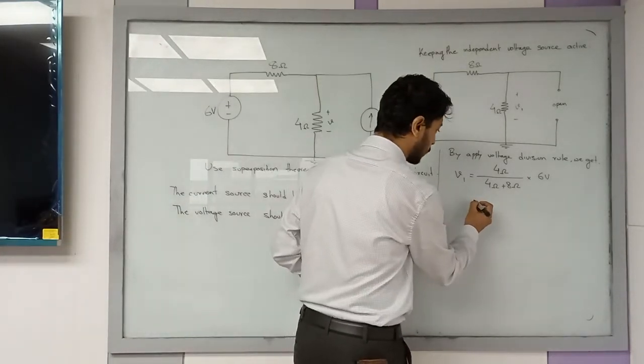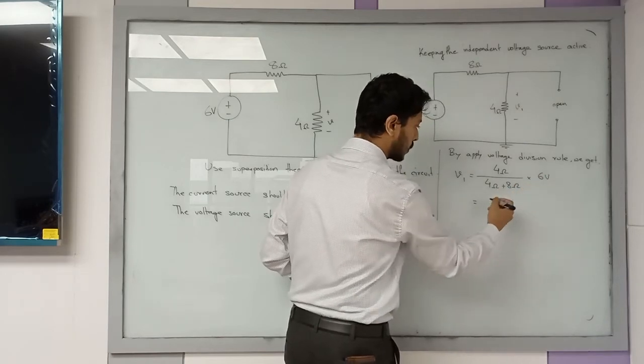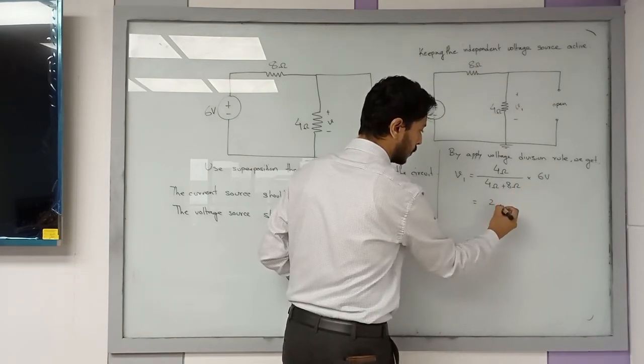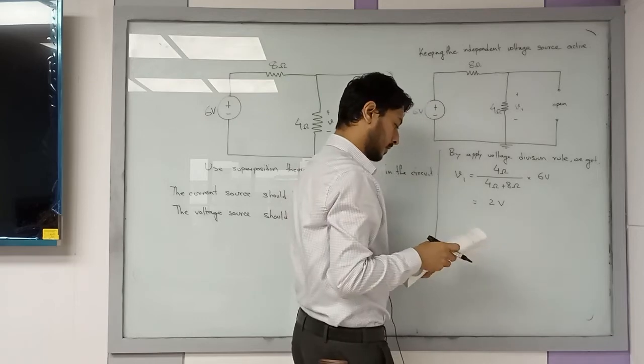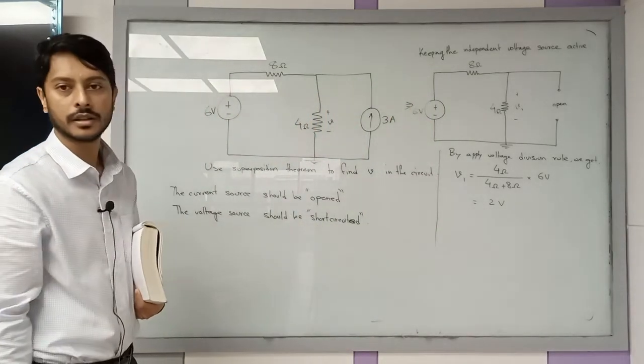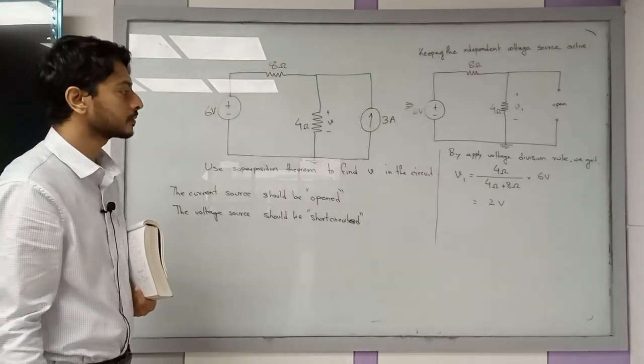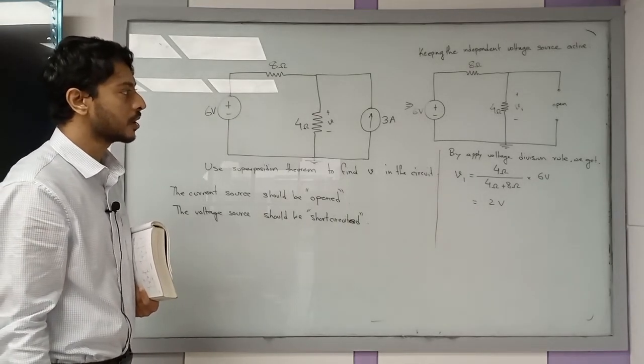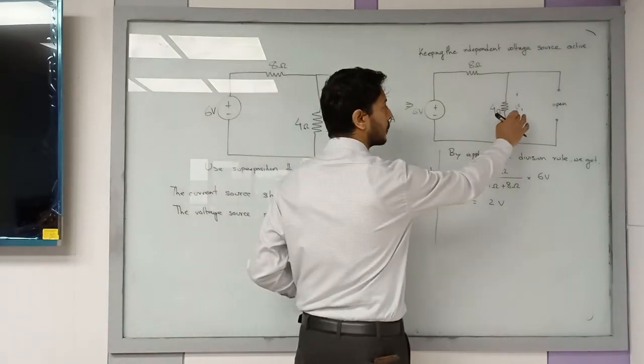So if you calculate this, what do you get? 12 volt... V1 is 2 volt. Okay?